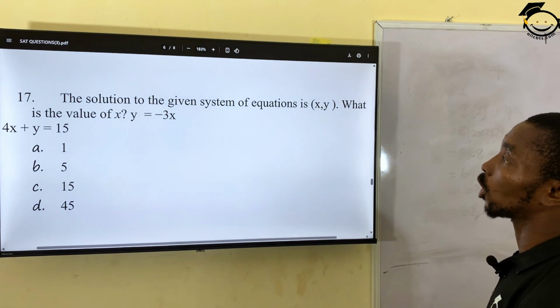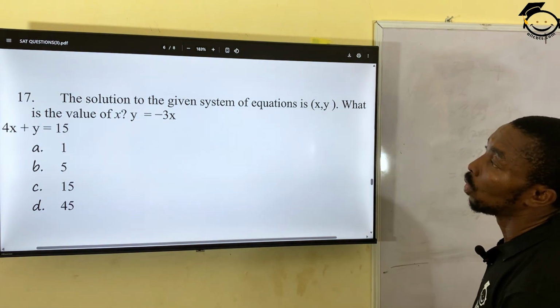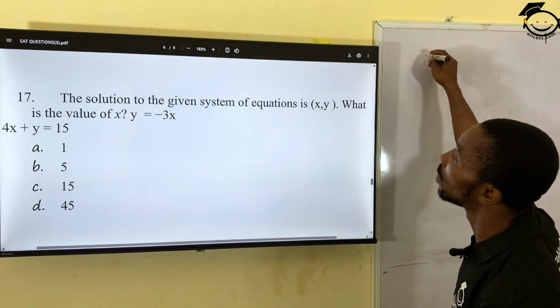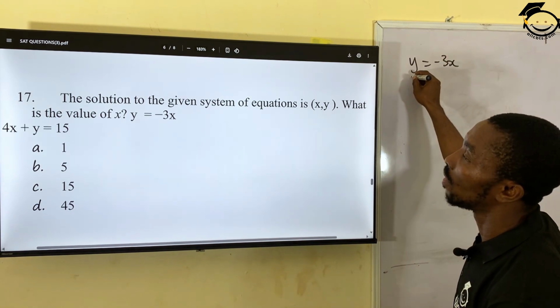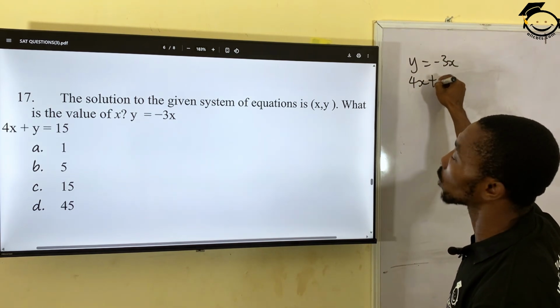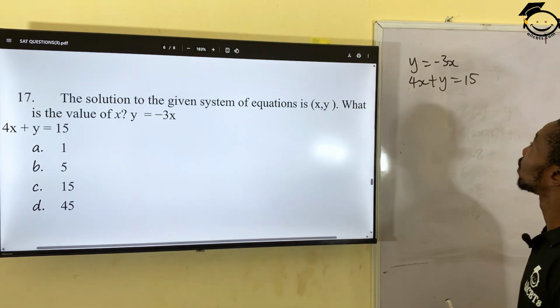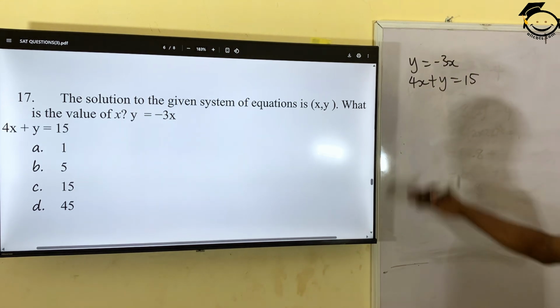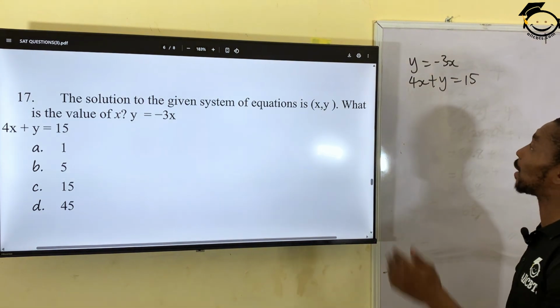The solution to the given system of equations is (x, y). What is the value of x when y equals minus 3x and 4x plus y equals 15? Now, since we've been given the value of y equals minus 3x, we can directly substitute into our second equation to find the value of x.